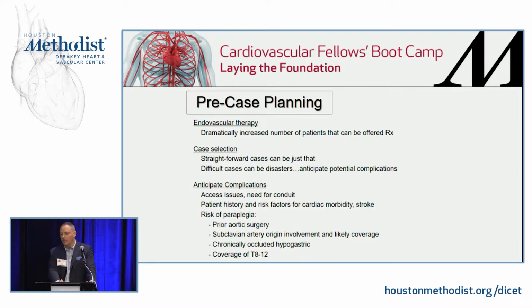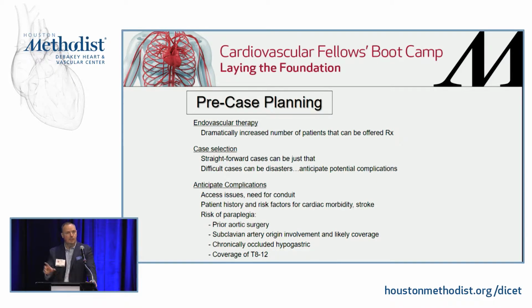I've had patients where they had one hypogastric that was out, and then the other one, if you went up that side, you would cover it for the majority of the procedure with that type of sheath. I would move that sheath over to the side where you already had the occluded hypogastric and allow flow to get down there. So there's a lot of little subtle nuances that you have to think about during the procedure beforehand to keep you out of trouble.